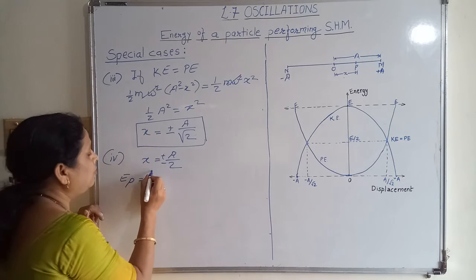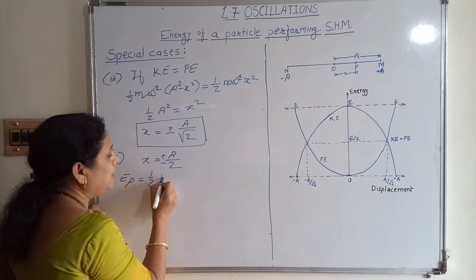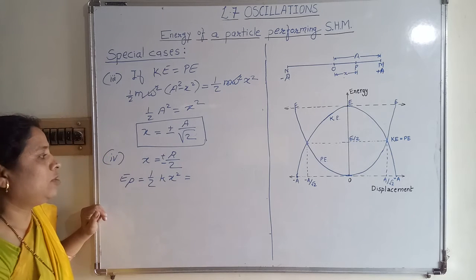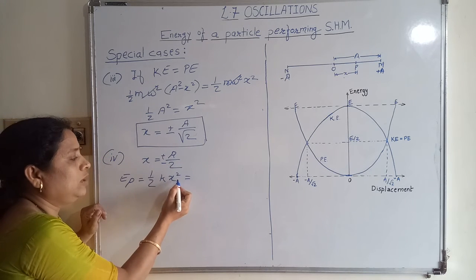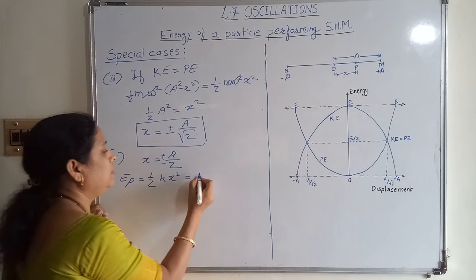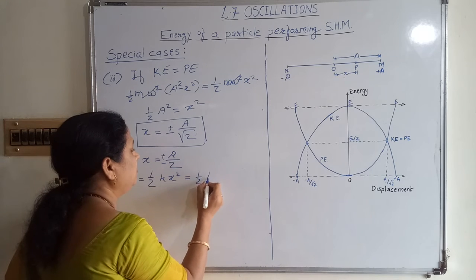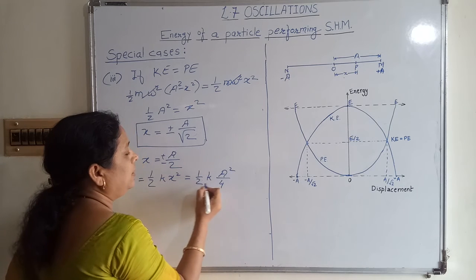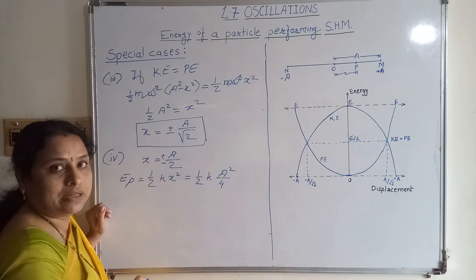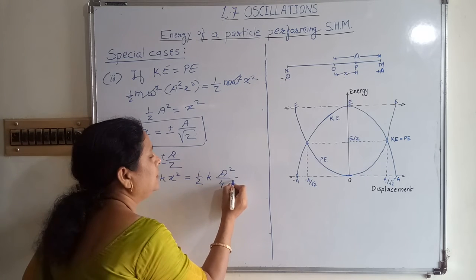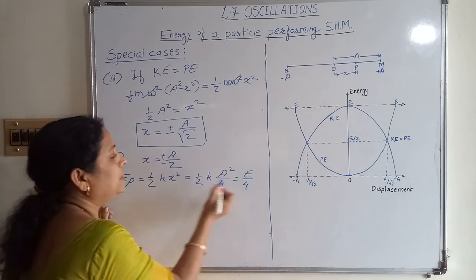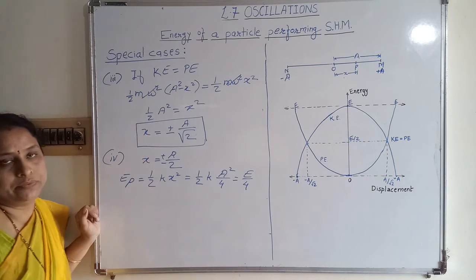The formula is half m omega square x square, or half k x square. Putting x equal to a by 2, we get a square by 4, so half k a square upon 4. Half k a square is nothing but the total energy, so the potential energy is E by 4, one fourth of the total energy.